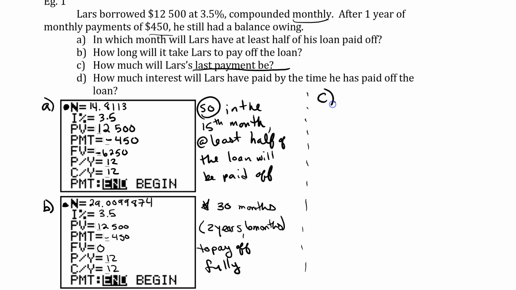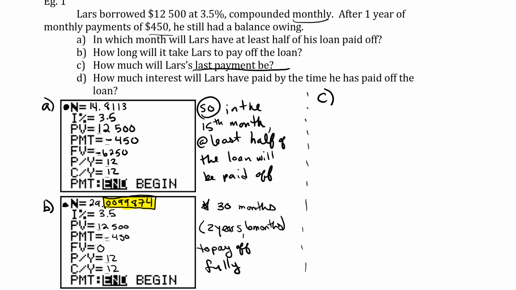So, C, how much will Lars's last payment be? So we know that it's going to only take 29 plus a very small portion of the payment to be able to pay it off. So this, okay, it's going to be 0.99874 of a normal payment.